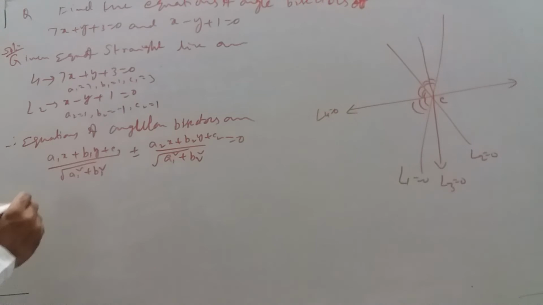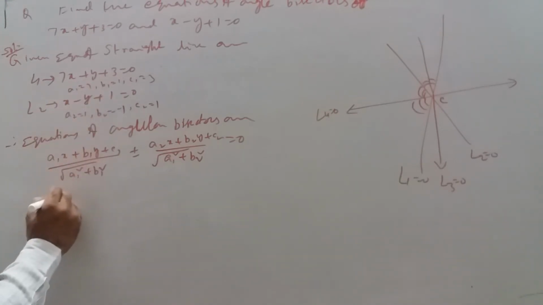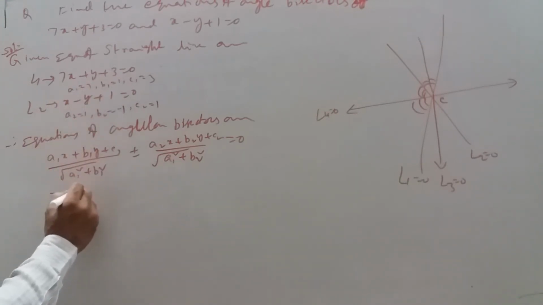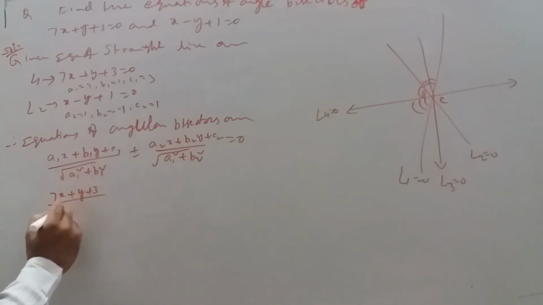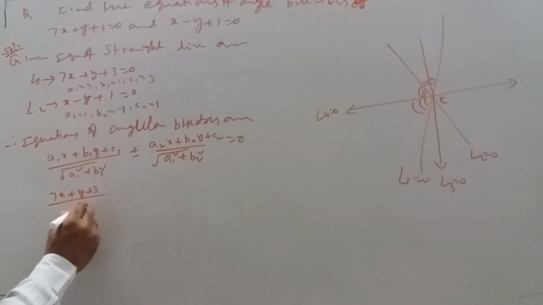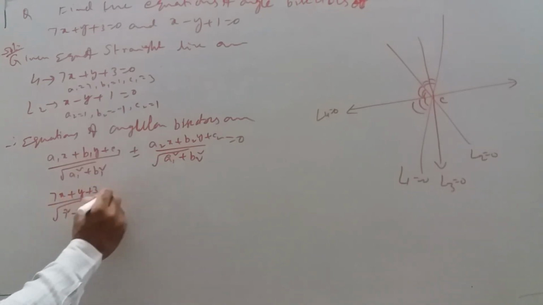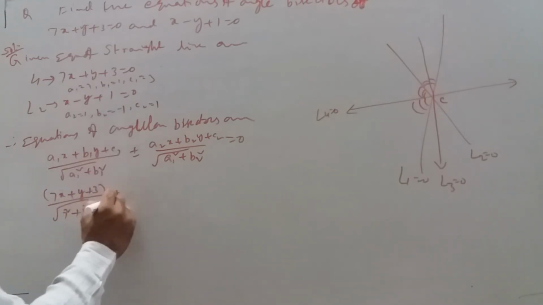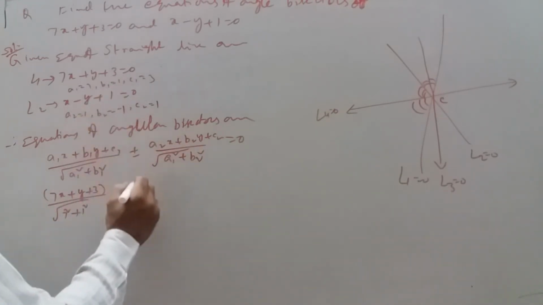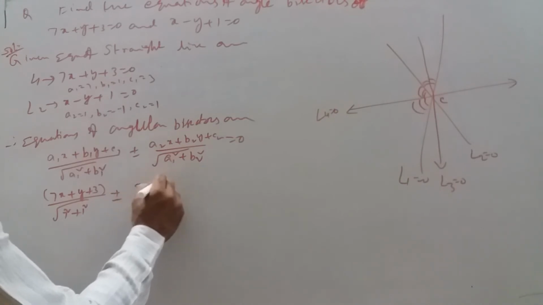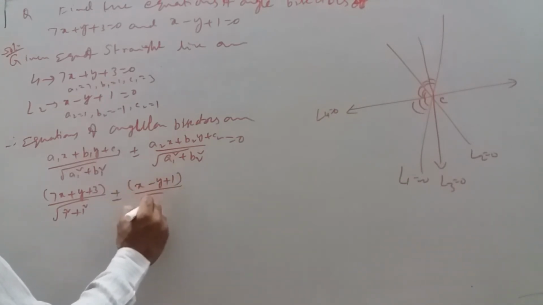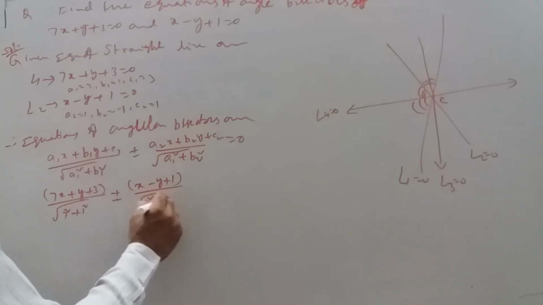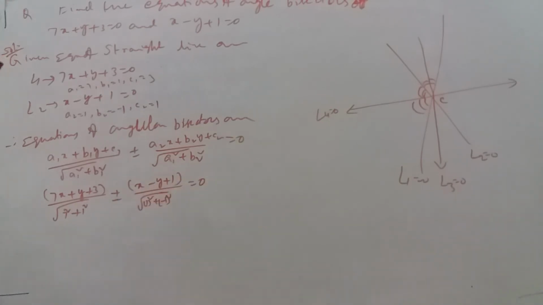That means you take (7x + y + 3)/root of (7 square + 1 square), plus or minus the second equation L2, (x - y + 1)/root of (1 square + (-1) square), is equal to 0.